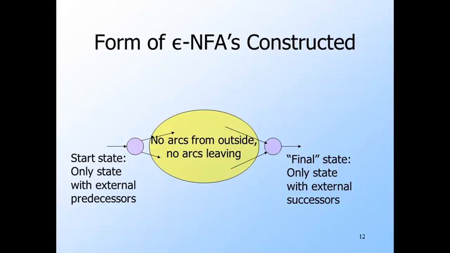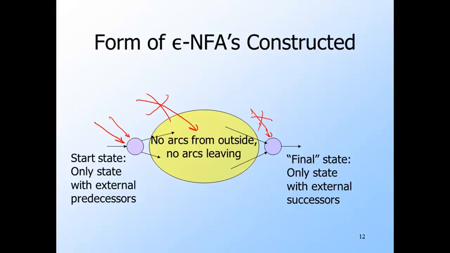The only outside arcs must come into the start state. That is, we might add arcs like that, but you can't add an arc that goes to a state that's inside. Okay. Likewise, you can't add an arc that goes to the final state.